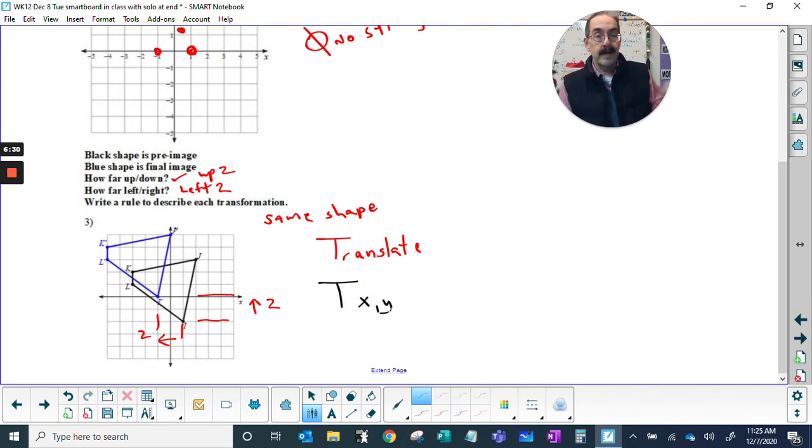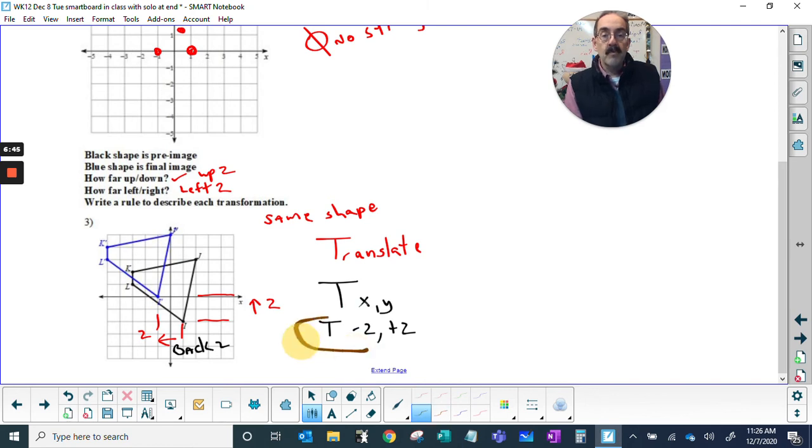So left, right, it went back 2, so that's -2, up 2, so +2. Okay, so here was our practice for the day, writing proper notation. So to translate, how far to the left, right, positive and negative, how far up, down, positive and negative.